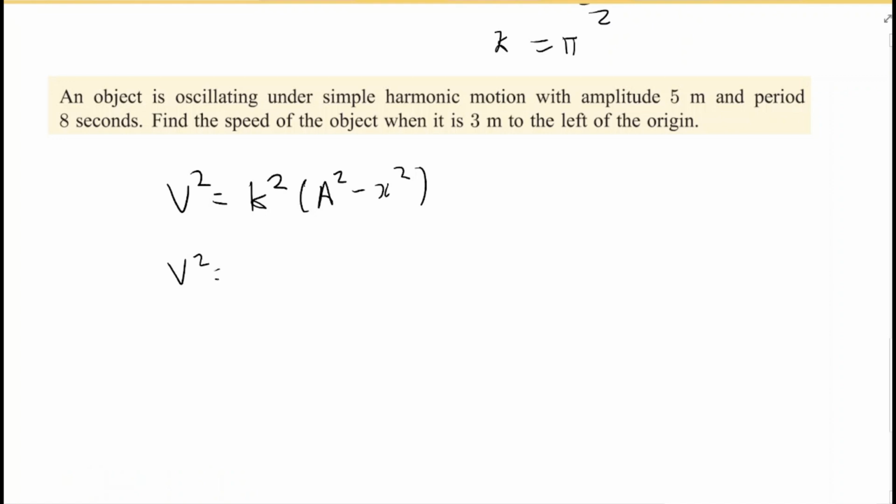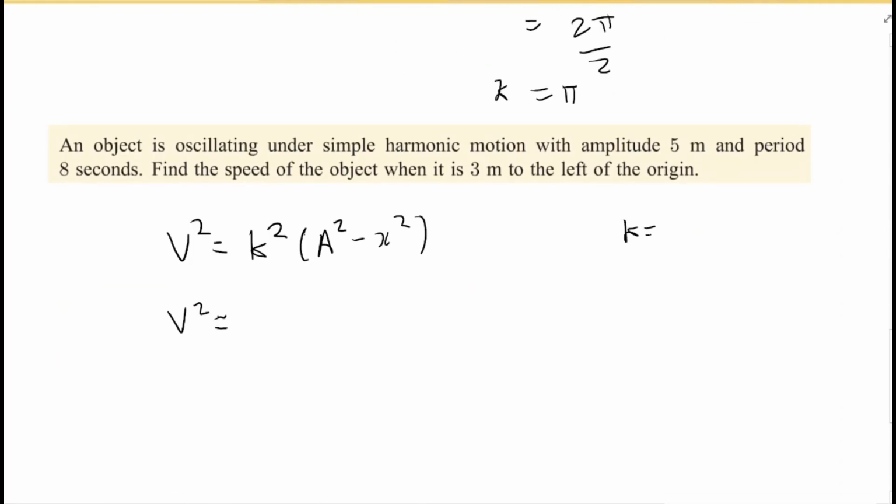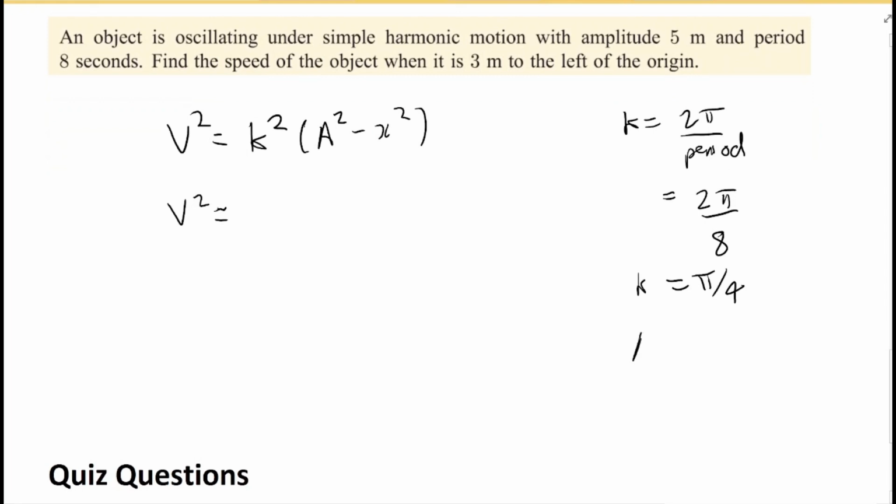So v squared is going to be, so k is related to the period. So k is 2 pi over the period. In our case, the period is 8. So we're going to get 2 pi over 8, or pi over 4 for our k value. We know the amplitude is 5 meters, so we can write that in.